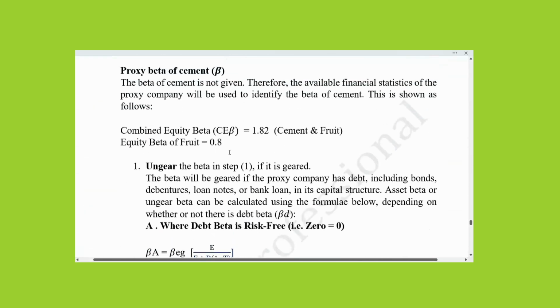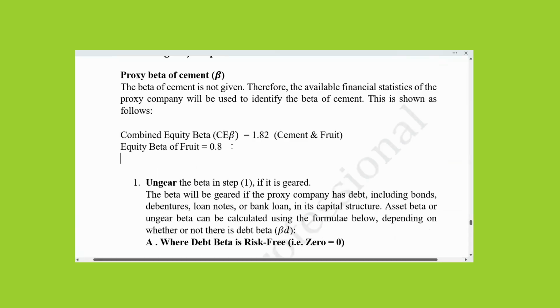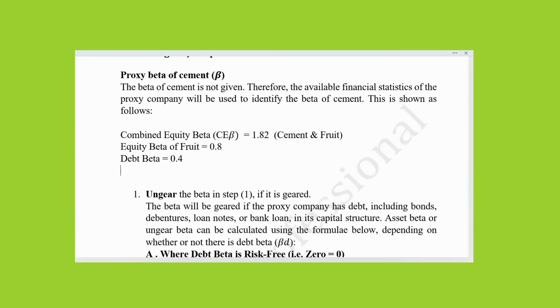So I will come here. The proxy company has debt beta of 0.4. You are given debt equity ratio, that's the gearing ratio, D to E, equal to 40%.